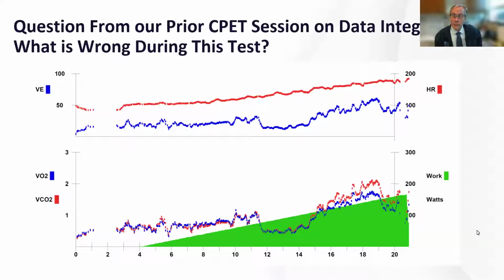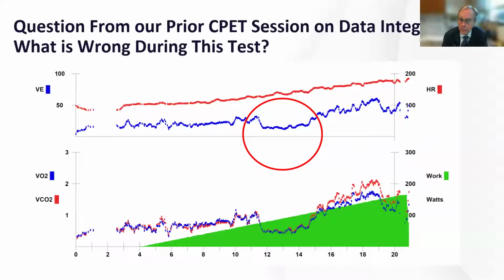But this is something that the technician should have fixed during the test. So that's why I show it. So right here, you can see there's a huge drop in oxygen uptake and CO2 output, despite the fact that the work rate's increasing. So something's wrong. There's a second issue right here at the end of the test. So it's important to go back up here and see that the ventilation actually drops dramatically.